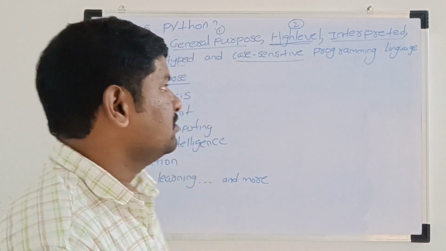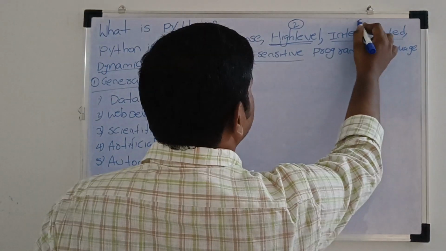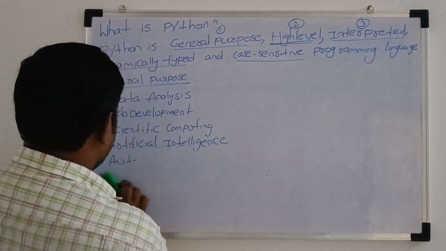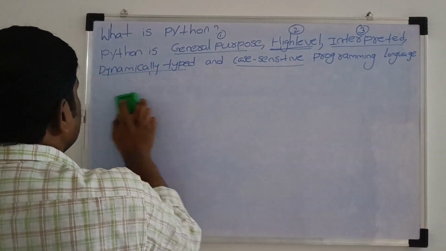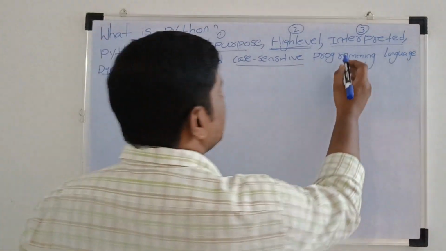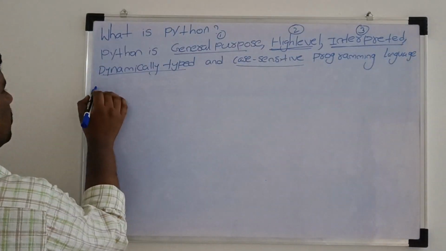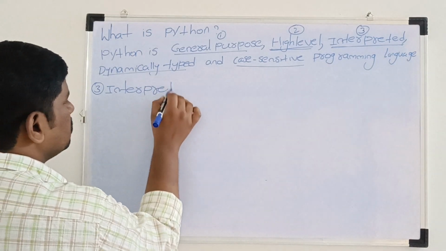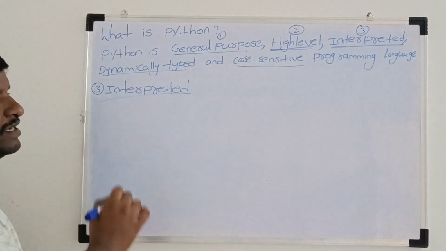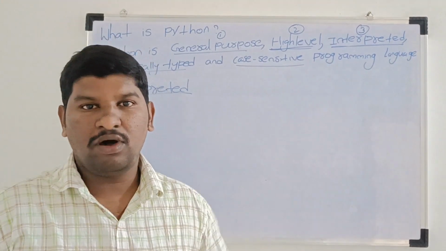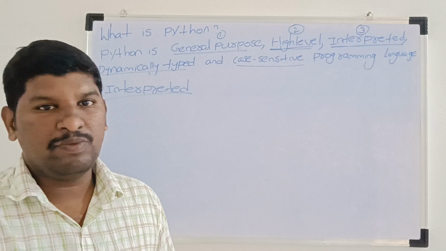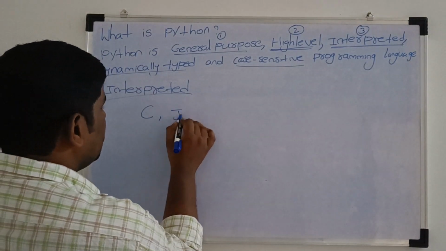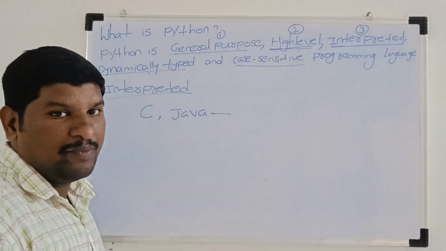And next, the third one is interpreted. So Python is an interpreted programming language. For example, other programming languages like C and Java are compiled languages.